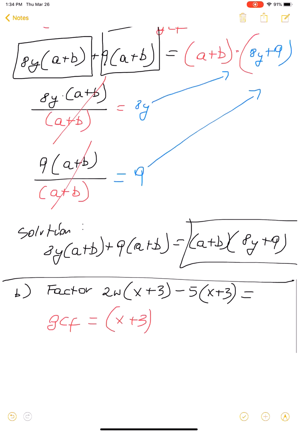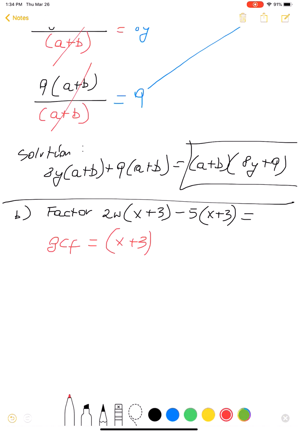So what we're going to do is factor out the GCF. So 2w (x plus 3) minus 5 (x plus 3) equals (x plus 3), the parentheses which repeats, times, and that should be quick right now.